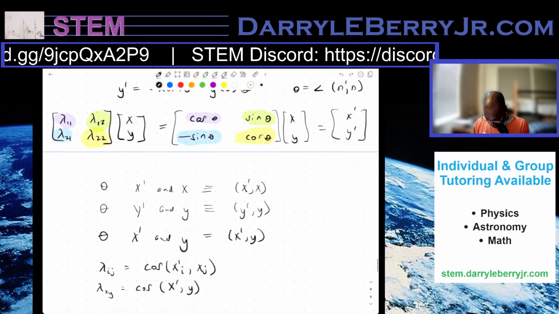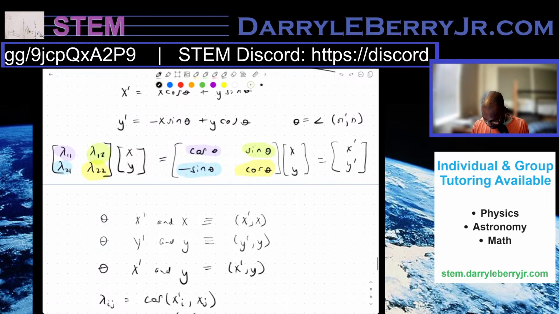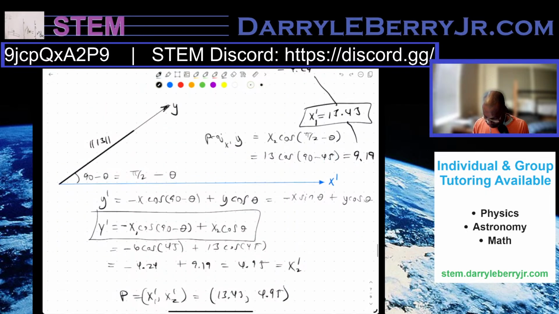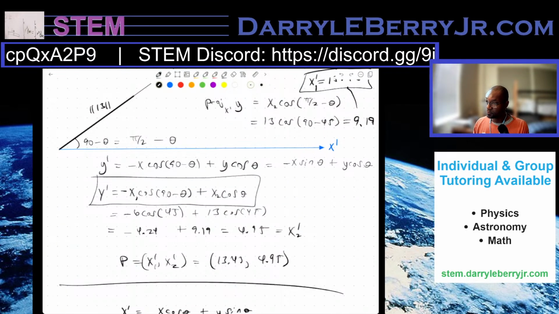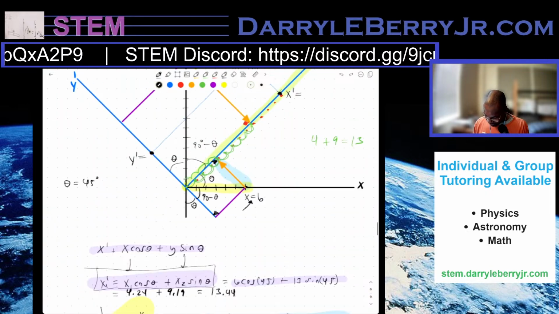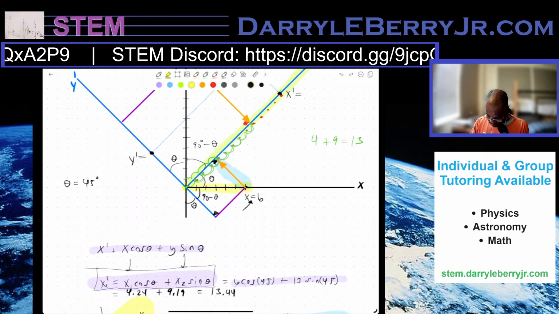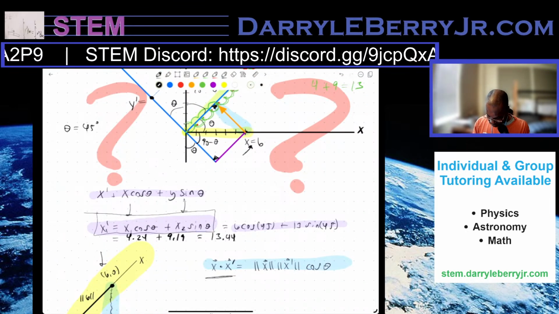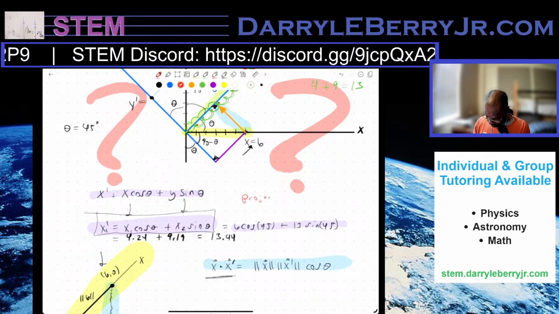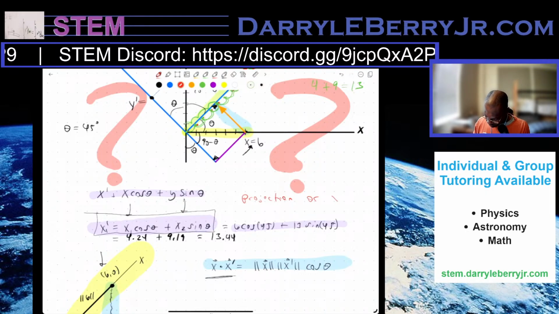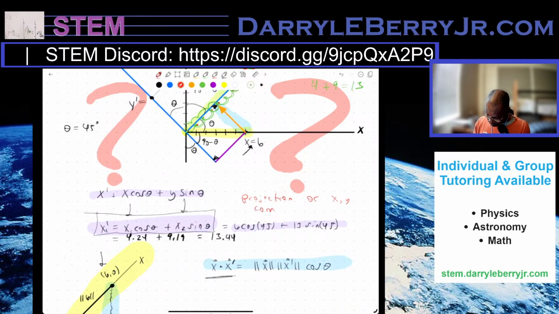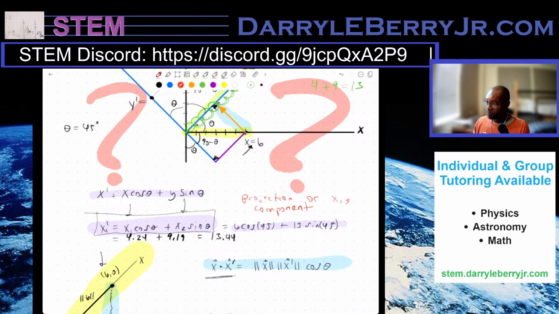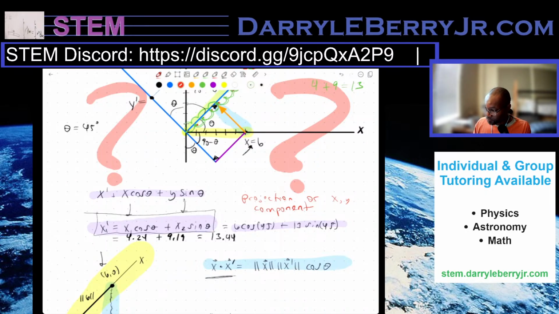So we'll continue from this. Last time we left off on the matrix form of the transformation. And I'll put a question mark in this area. So we'll see if it's the projection of the xy component.